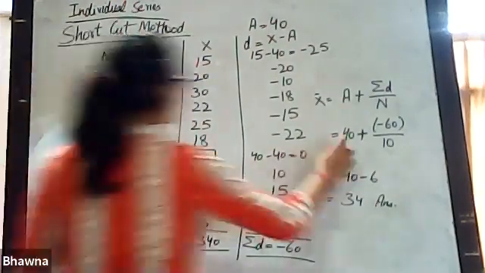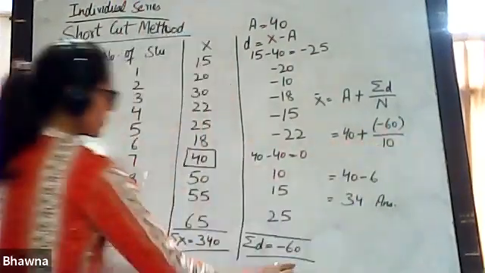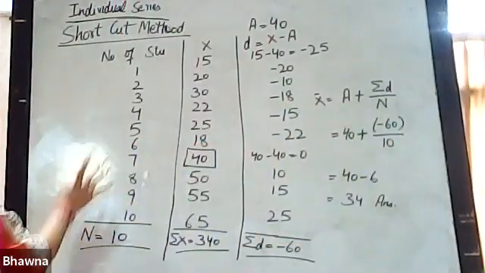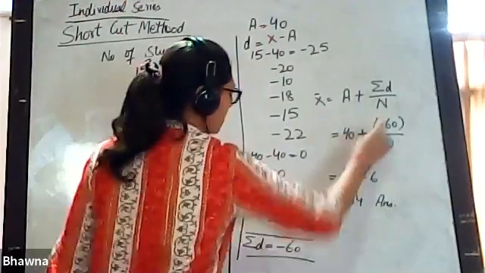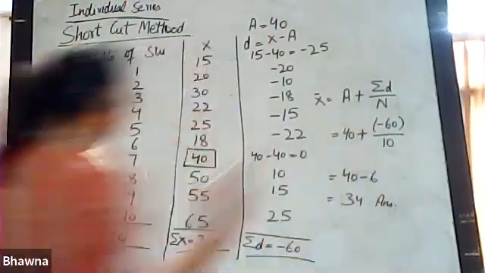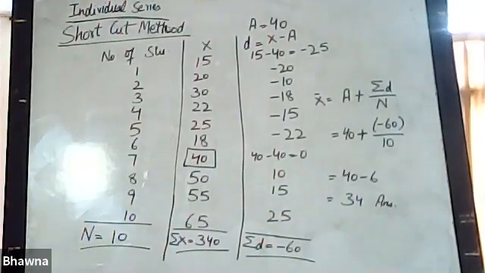So 40 plus minus 60 divided by N, where N is the number of observations. 40 minus 60 gives the answer 34. Whether we solve the sum with the direct method or the shortcut method, the answer is the same, 34. Fine. So this is all about the direct method and shortcut method of the individual series.